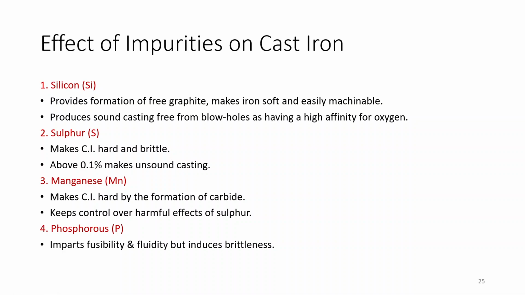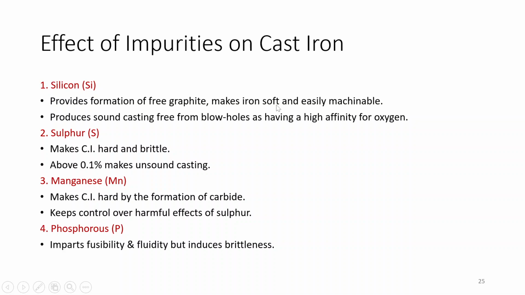Next is the effects of impurities on cast iron. These impurities can be silicon, sulfur, manganese, and phosphorus. In the case of silicon, it promotes the formation of free graphite. Silicon is one of the graphitizers. So if silicon is present, then your carbon is most likely to form graphite rather than cementite.